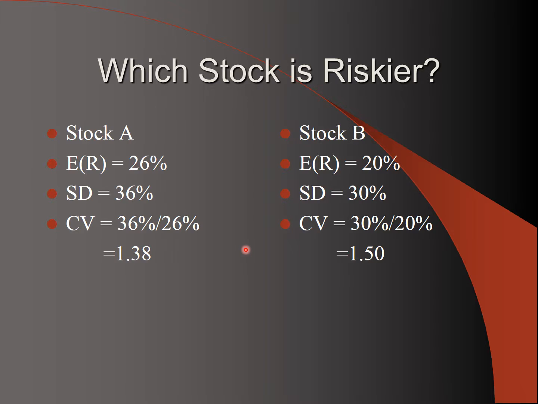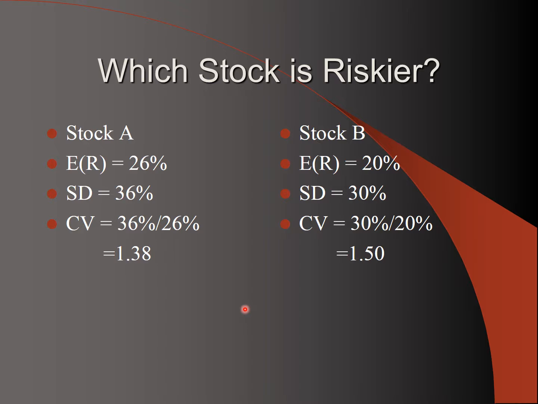Compare that to stock B, which has an expected rate of return of 20%, a standard deviation of 30%, and a coefficient of variation of 1.5 when you divide the standard deviation by the expected rate of return. Okay, so if I were to ask the question, which stock is riskier, stock A or stock B?